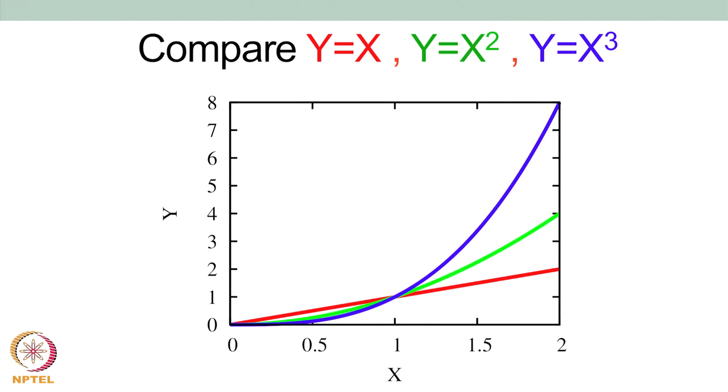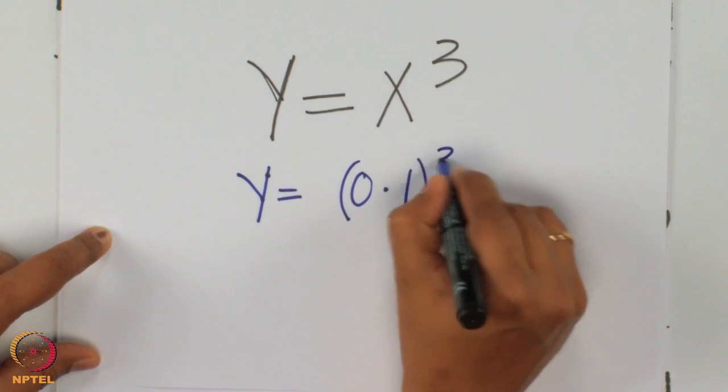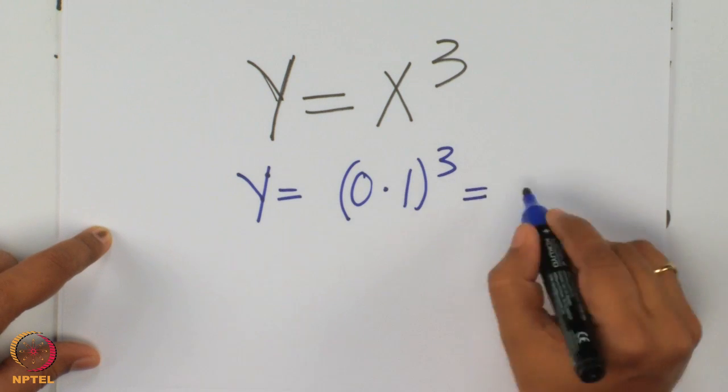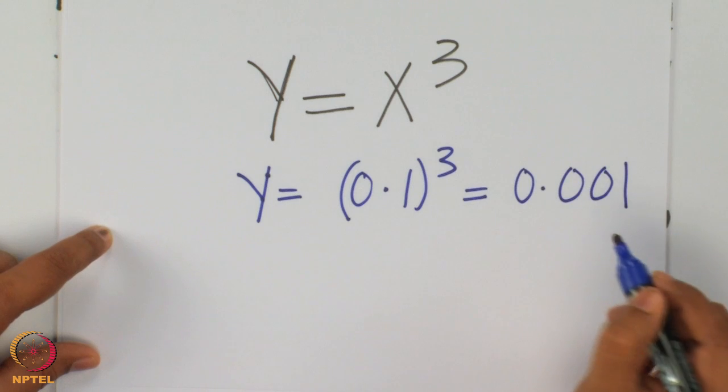So, when y is equal to 0.1 cubed, this is 10 power minus 3, which is 0.001.